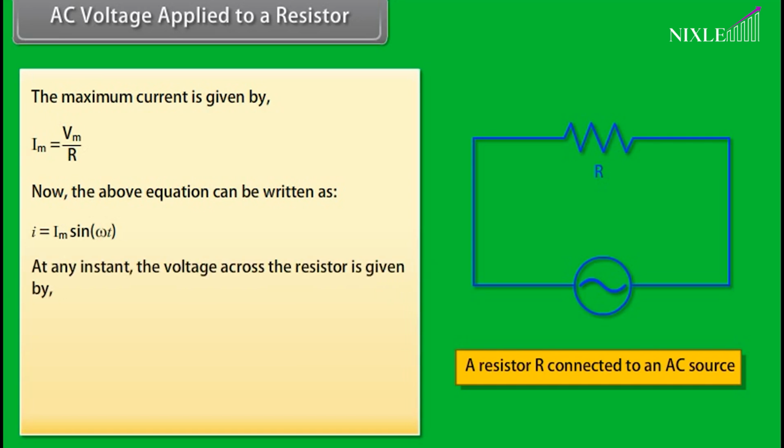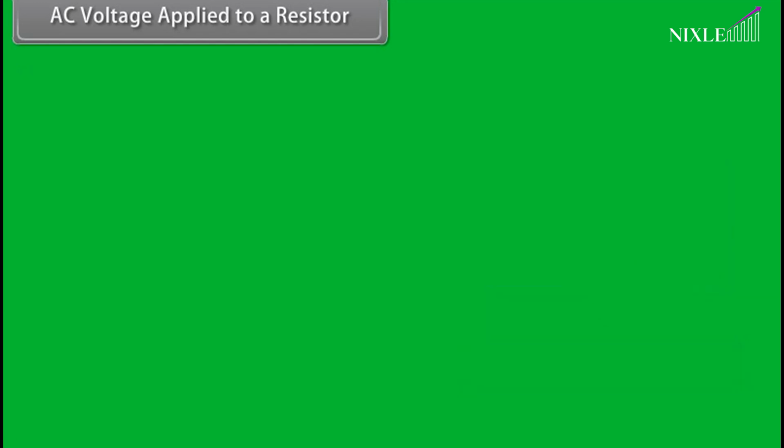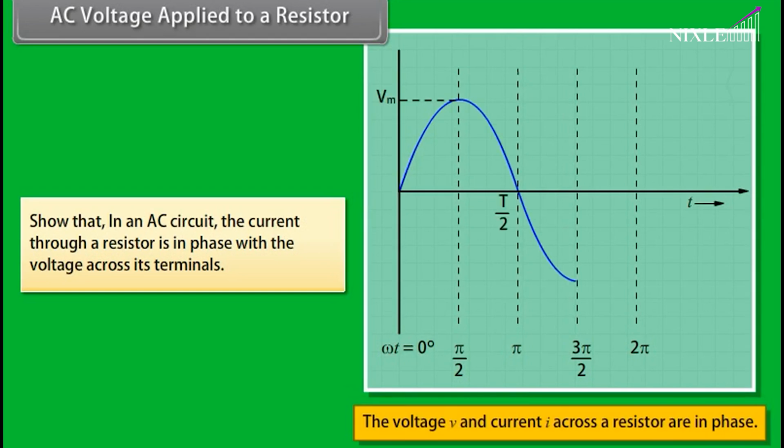At any instant, the voltage across the resistor is given by VR = IR. By putting the value of I, we get VR = Vm sin(ωt). The above equation shows that in an AC circuit, the current through a resistor is in phase with the voltage across its terminals.